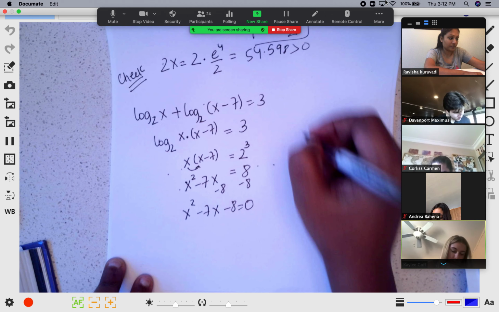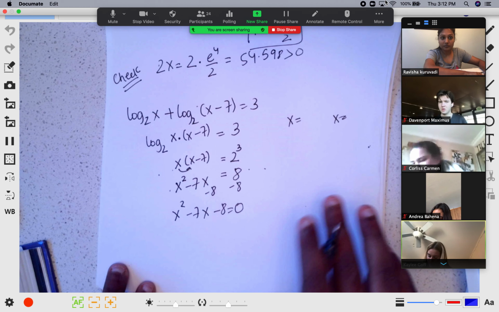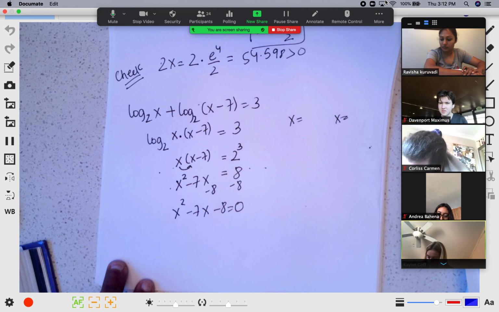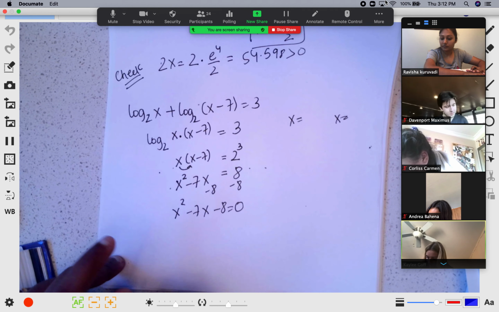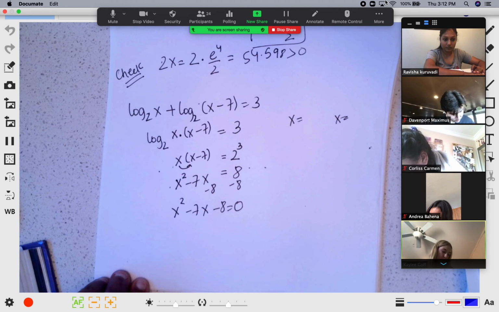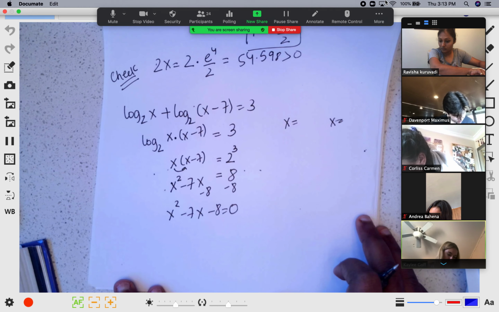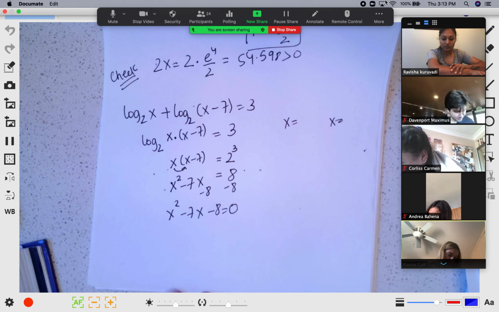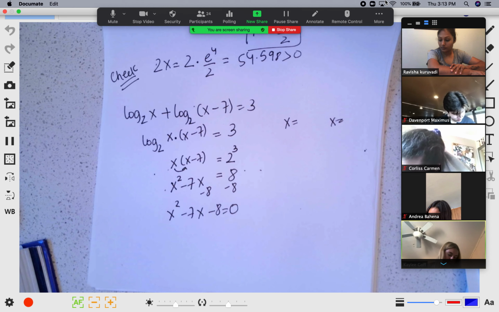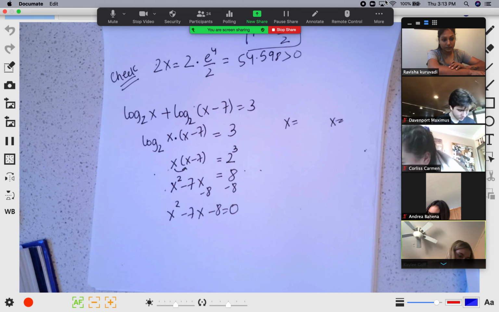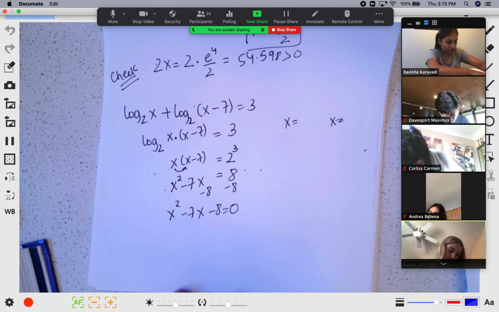Can you use the quadratic formula and tell me what x values you're getting? Yes. I don't think I'm doing this right because for one of them I got 10.